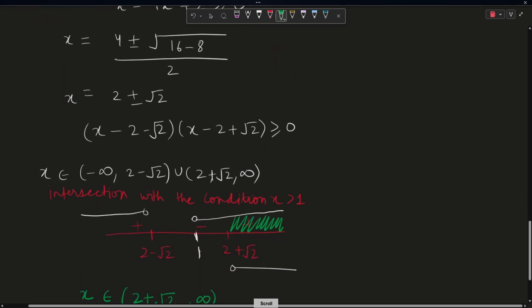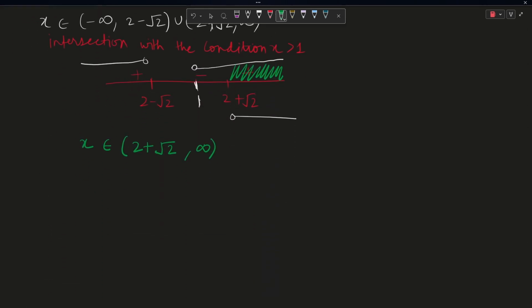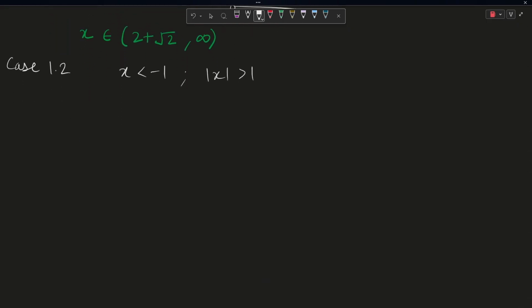Now if x is less than 1, case 1.2, if x is less than 1 but the base is greater than 1, so the sign of inequality will not change. So what I can write here is log mod of x square minus 3x plus 2 greater than or equal to 1.